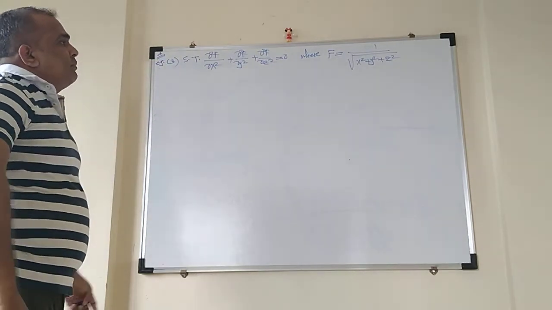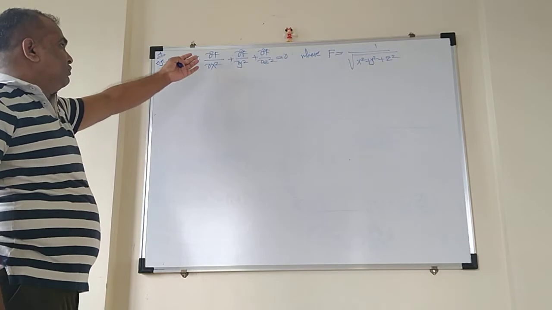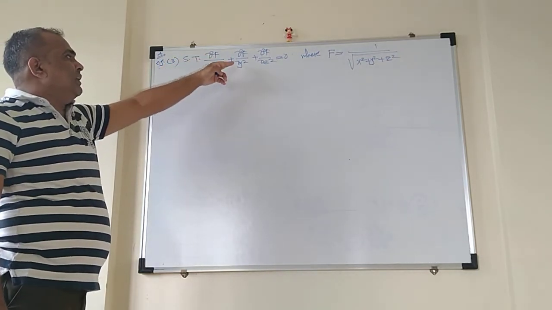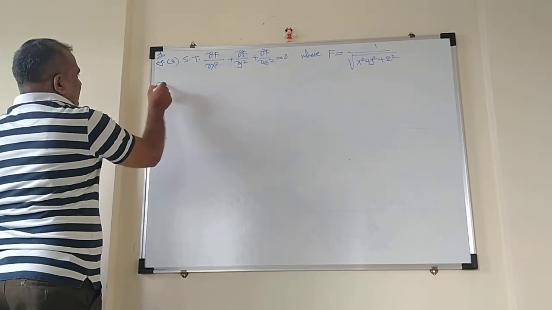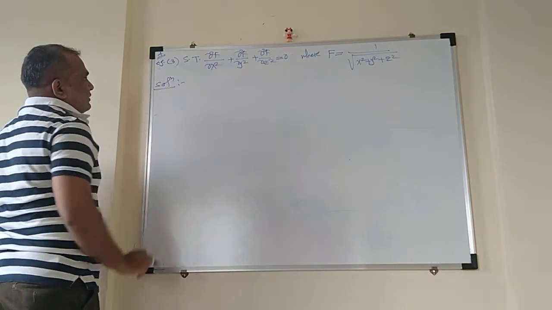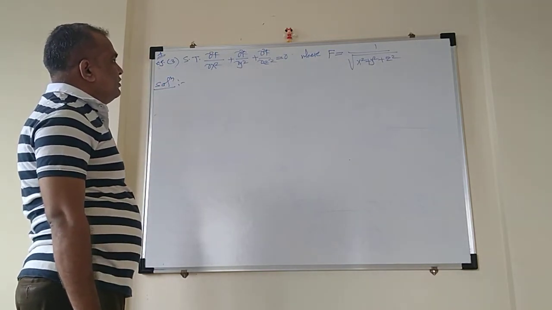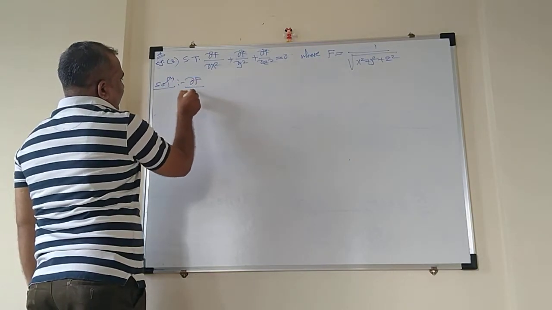If f is equal to 1 upon square root of x square plus y square plus z square, then we have to show that the double derivative of the given function with respect to x, y and z sums to 0. So let us calculate the second order partial derivatives with respect to x, y and z. So let us say dou f by dou x.